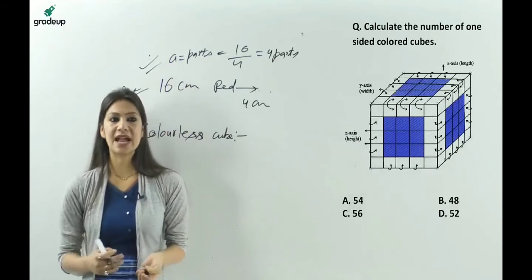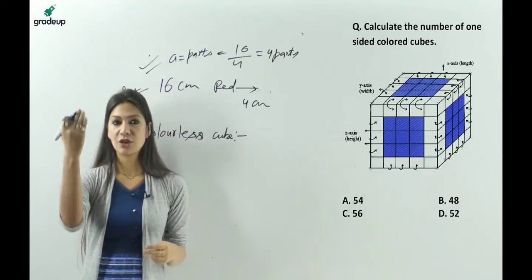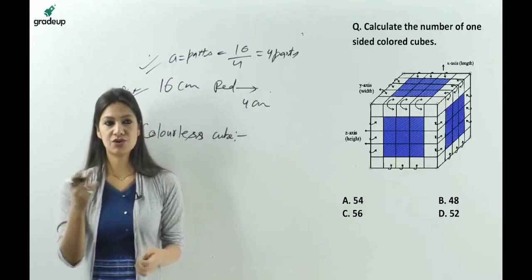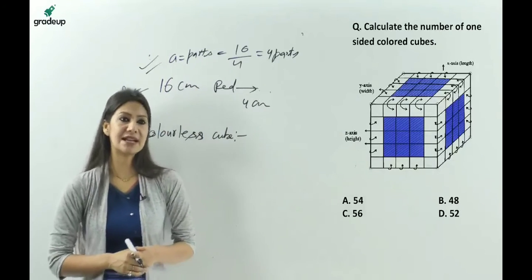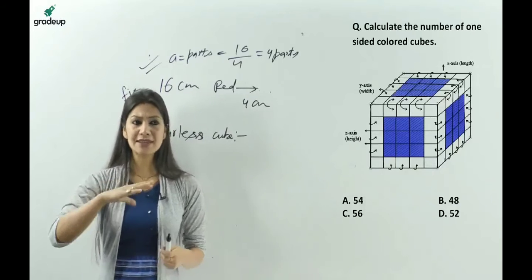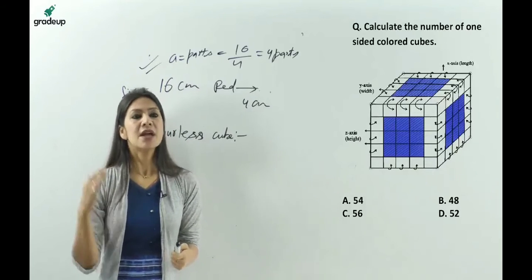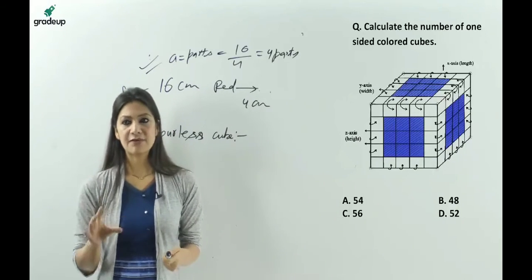Right now I am standing in this portion, and right now you people are sitting in your room. That inside portion will give you the colorless, but it's not that we can count it so easily.